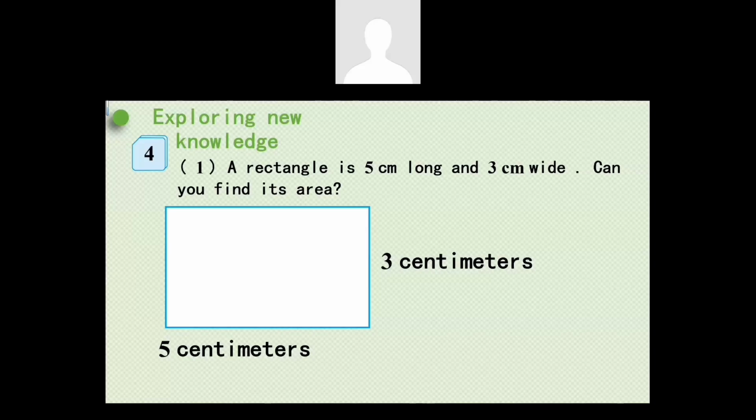Okay, who wants to share? You can type in the chat first.